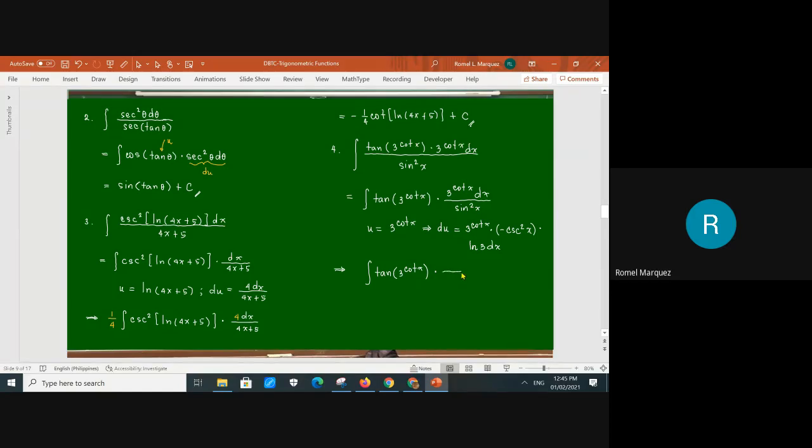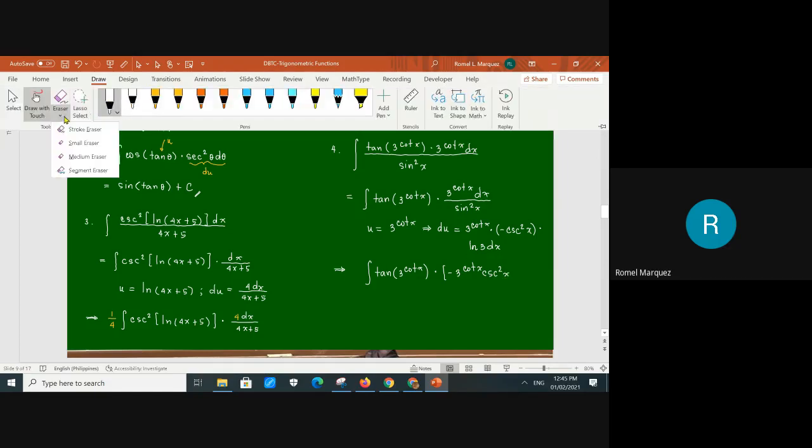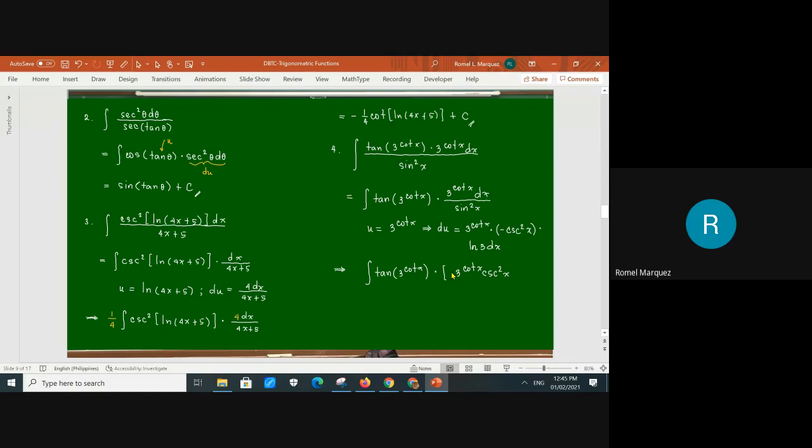What am I going to supply? I can rewrite this as negative 3 to the cotangent x, then I will bring 1 over sine squared up, cosecant squared x, but originally there's no negative yet, no? So we are going to supply that later.